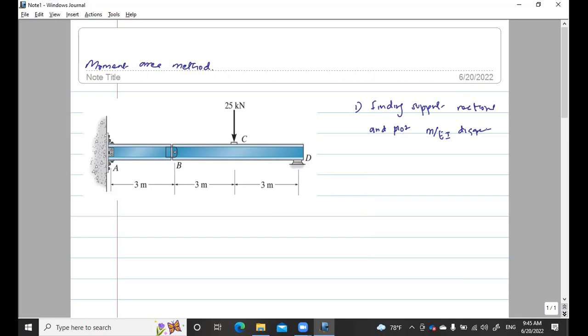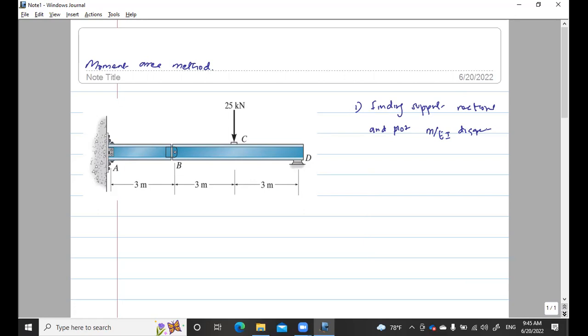Because in moment area theorem, you know that according to theorem 1, the area covered by the M over EI diagram between two points is equal to the difference in the slope between those two points. Theorem 2 is the moment of the area between two points is equal to the tangential deviation at the point we are studying.